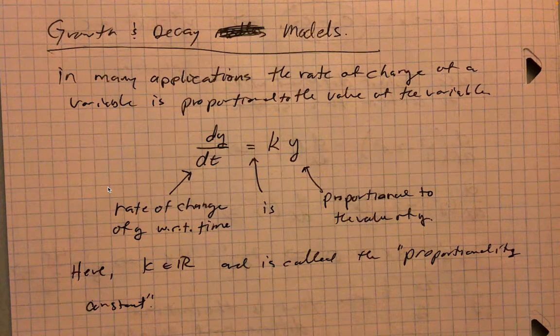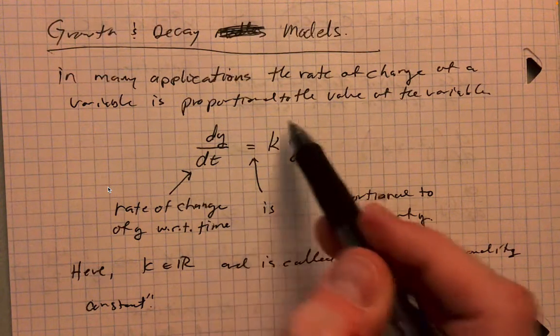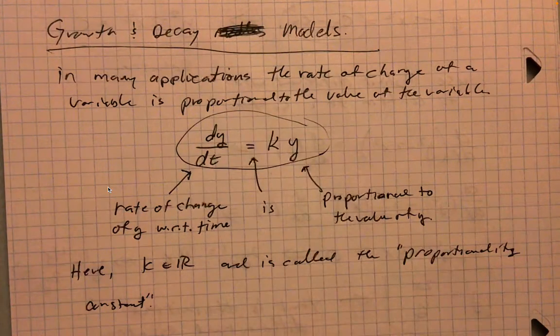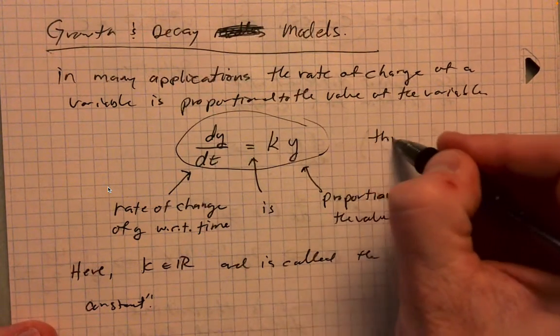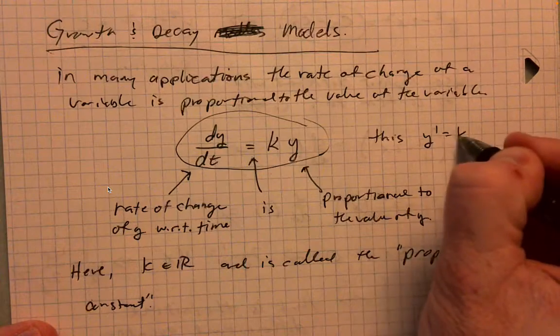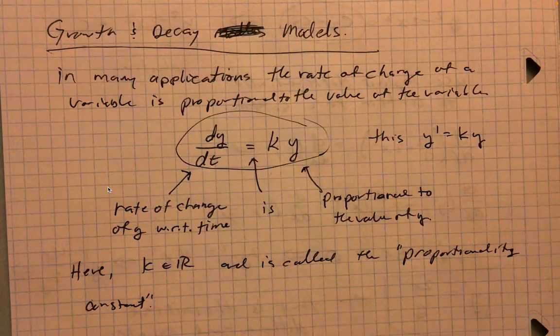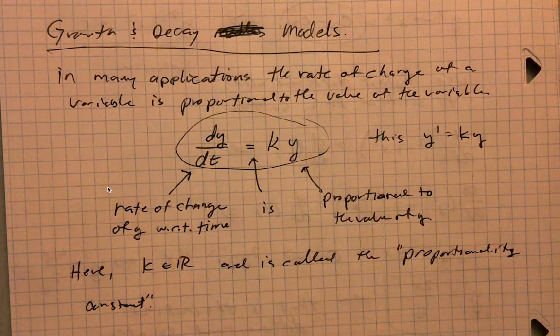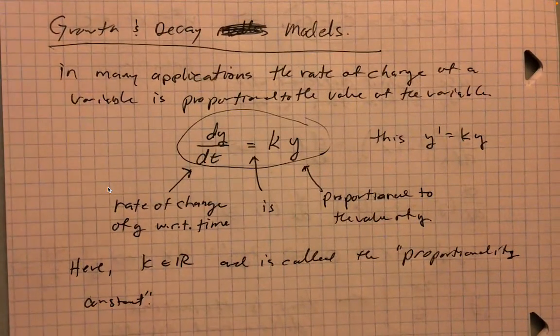An equation like this is obviously a differential equation. This is y prime equals k times y. This differential equation is very common. If you go into the sciences, you'll see this sort of thing all the time. And it has a general solution.